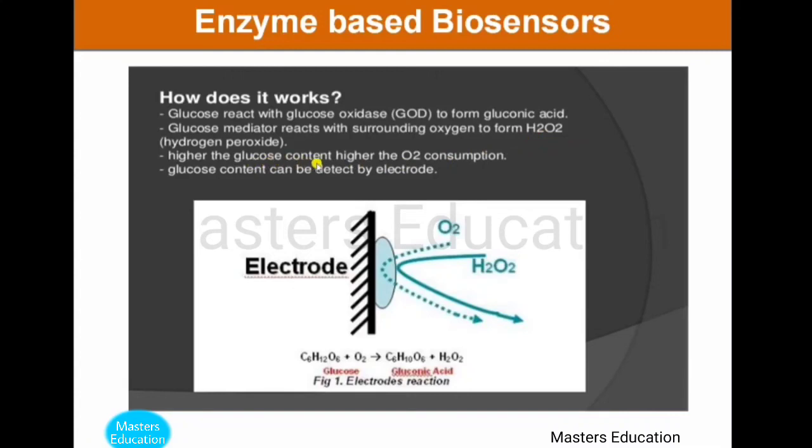The higher the glucose content, the higher the oxygen consumption because of the conversion of O2 into H2O2, and the glucose content can be detected by the electrode by calculating the gluconic acid or the H2O2 (hydrogen peroxide) concentration.